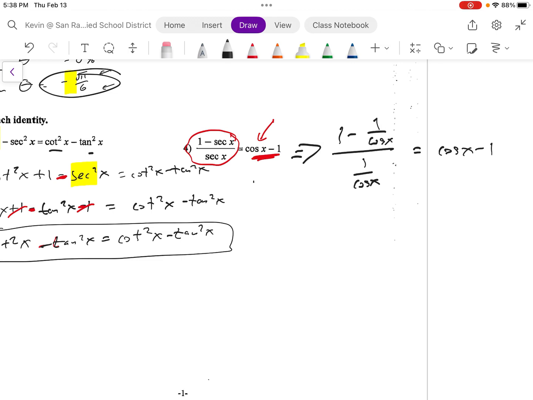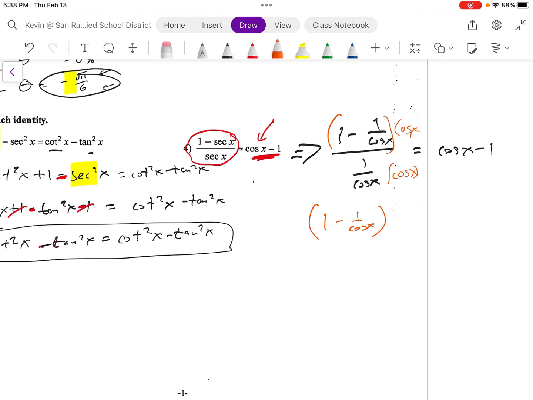Okay, now that just means to solve this, you don't have to necessarily show this step, but 1 minus 1 over cosine x, that whole thing is going to be multiplied by cosine x.